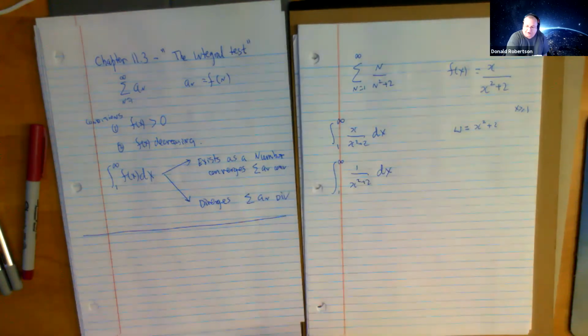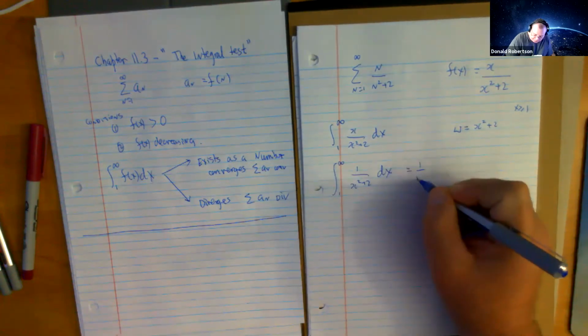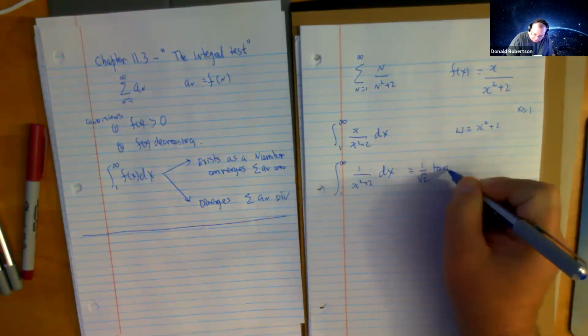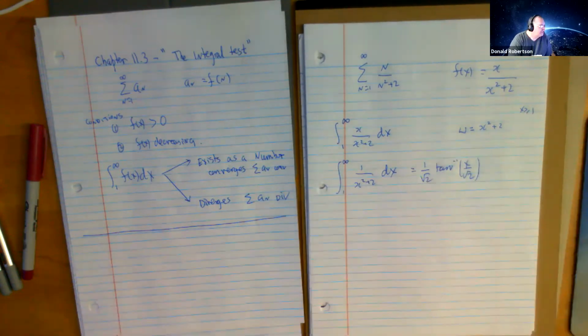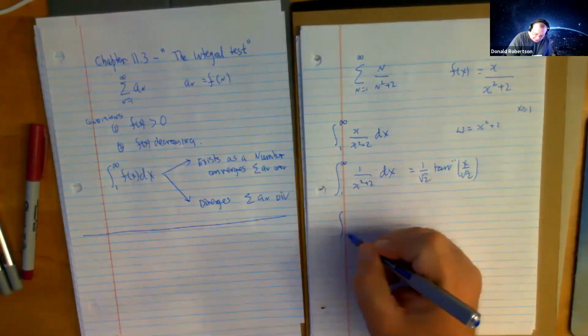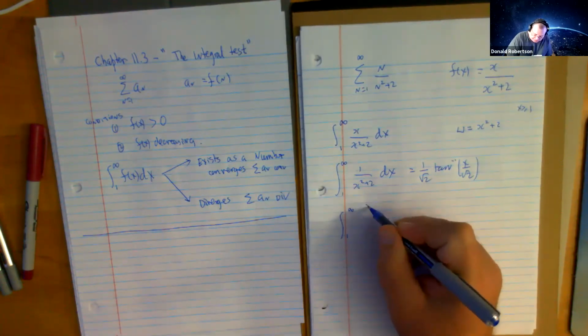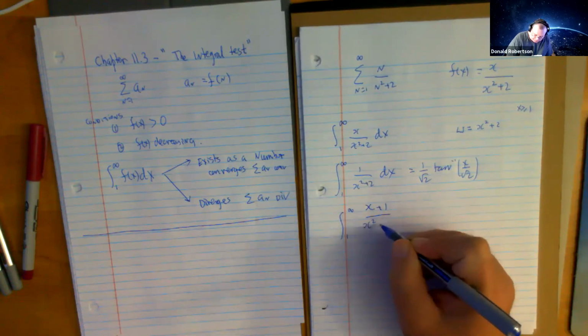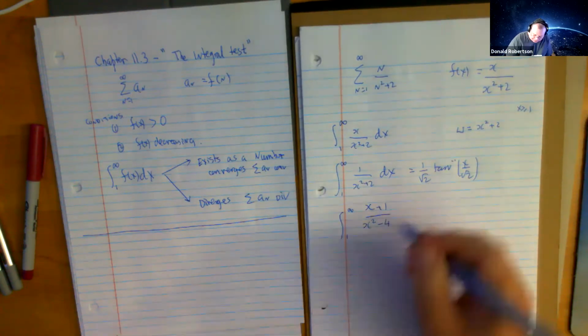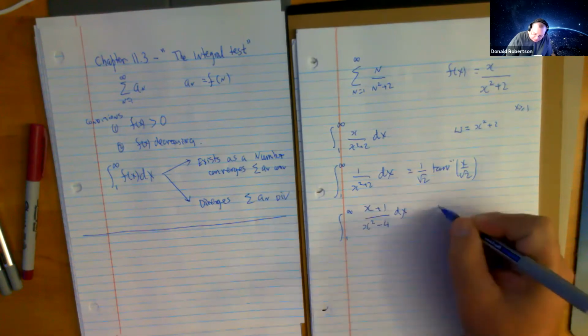See, if you stick a 1 in the top, it's not a u sub anymore. It's that one, because I know it is a standard integral. I know it's a little bit different, but that one would be partial fractions.